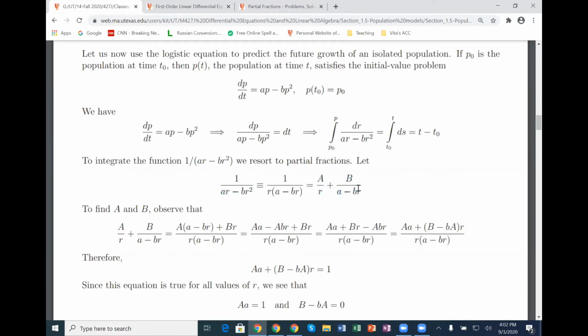How do we find A and B? Well, here's what we do. Let us start from here. If we multiply top and bottom of this fraction by A minus BR, and if we multiply top and bottom of this fraction by R, and then put together these two fractions with the same denominator, we will get this.